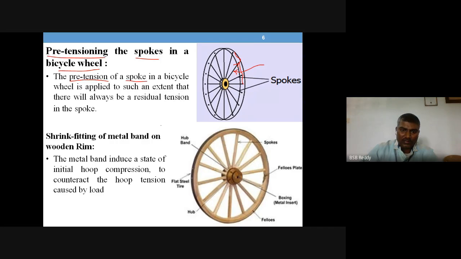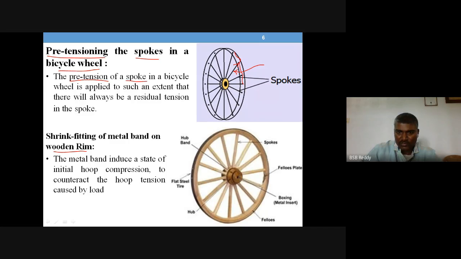And another very good example is the shrink fitting of metal bands on the wooden rim of a bullock cart wheel. If you have come from a village, you can see this very frequently. How is this made? The bullock cart wheel is made with a wooden hub, and the wooden hub will have wooden spokes.